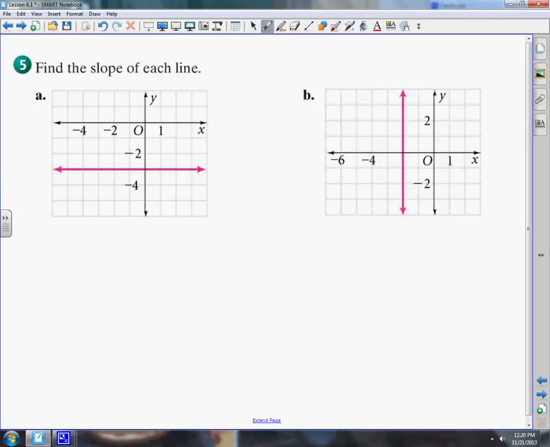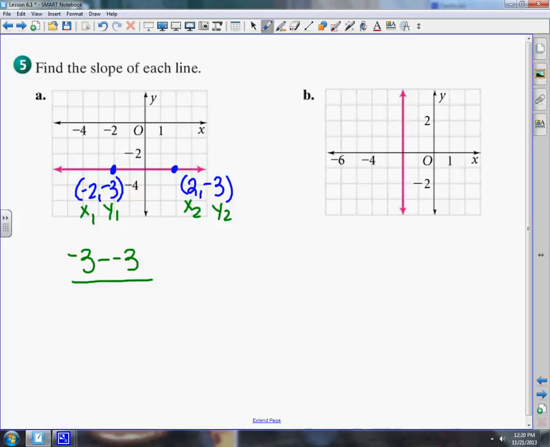So now, you can do this a couple different ways. You could find points. So if I found just 2 random points on my line, this would be 2, -3. And this would be -2, -3. And then I could find my slope this way. So then y2 is -3 minus -3.